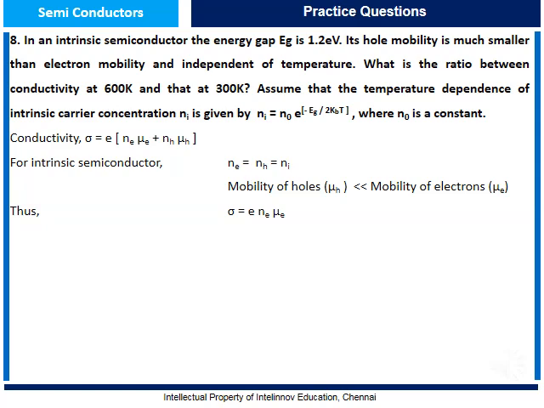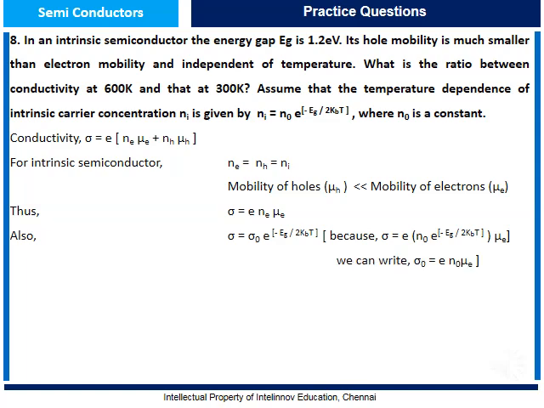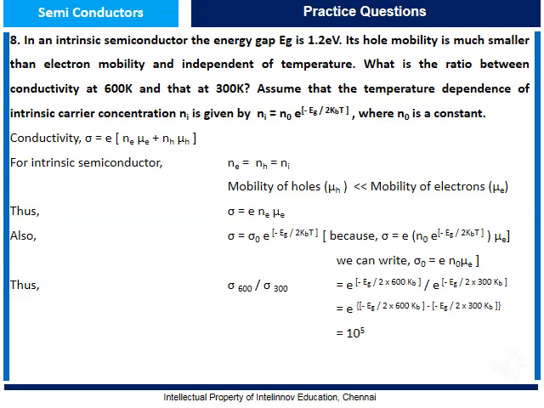Also, we know sigma equal to sigma naught e power minus Eg by 2 kBT. Thus, sigma 600 by sigma 300 is equal to e power minus Eg by 2 into 600 kB divided by e power minus Eg by 2 into 300 kB. On calculation we get sigma 600 by sigma 300 equal to 10 power 5, or sigma 600 equal to 10 power 5 into sigma 300.